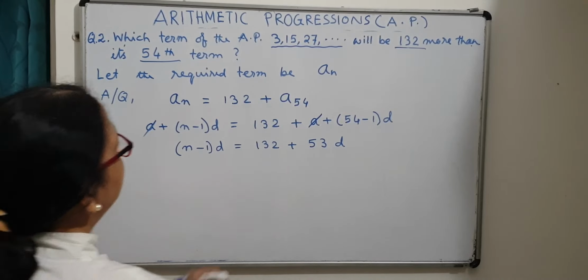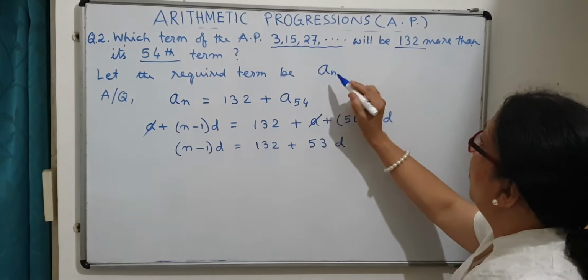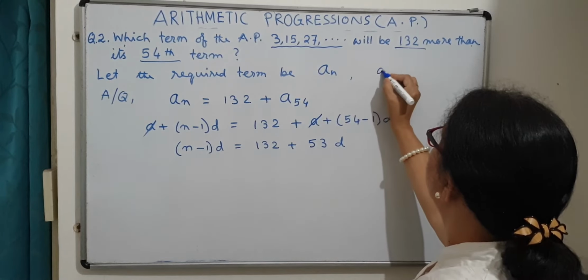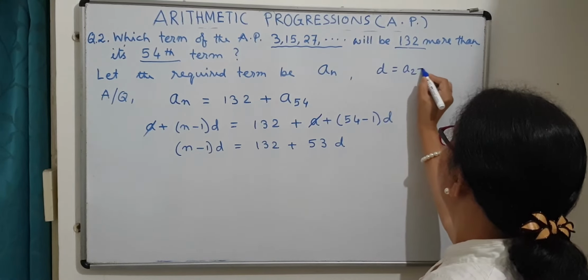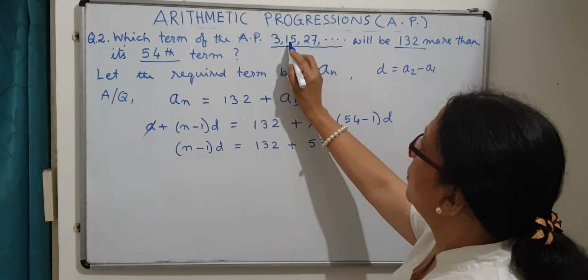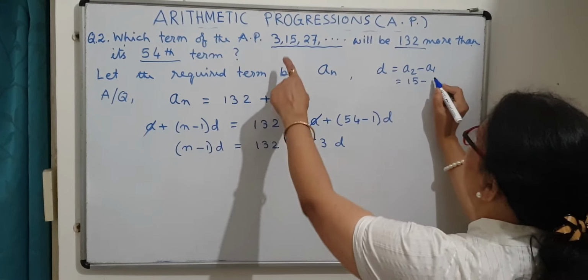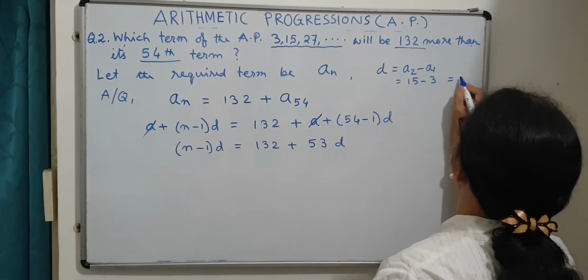Now the value of d is known to us. What is d from the given AP? Let me write, d is equal to a2 minus a1. So a2 is 15 minus a1 is 3, so it is 12.